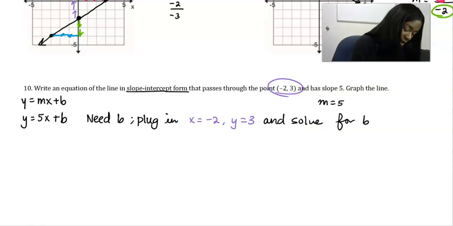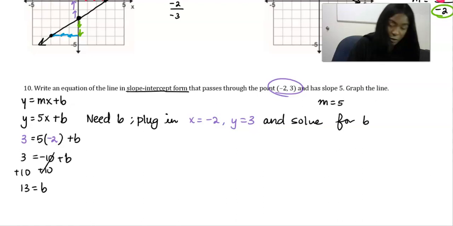So I'm going to be plugging in a positive 3 for y. So I have 3 equals, I already know the slope is 5, I'll leave that there. For x, I'm going to be plugging in the x value of negative 2. And now we can solve for b. So we have 3 equals negative 10 plus b. I'm going to add 10 to both sides of this equation so I can see that 13 is equal to b.